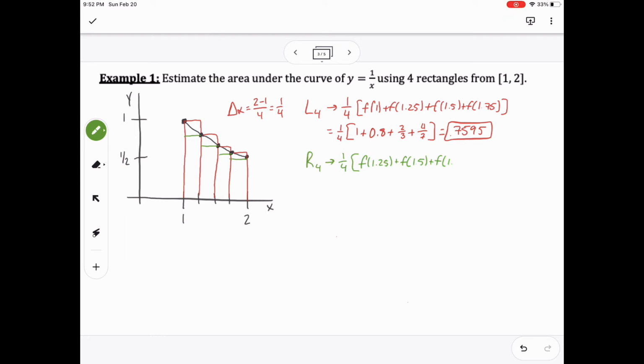Okay, so the left endpoints gives me a value of 0.7595. And then the right side here, knowing that I got some similar values here, allows me to get the value of 0.6345. So then the midpoint should kind of fall in between here.